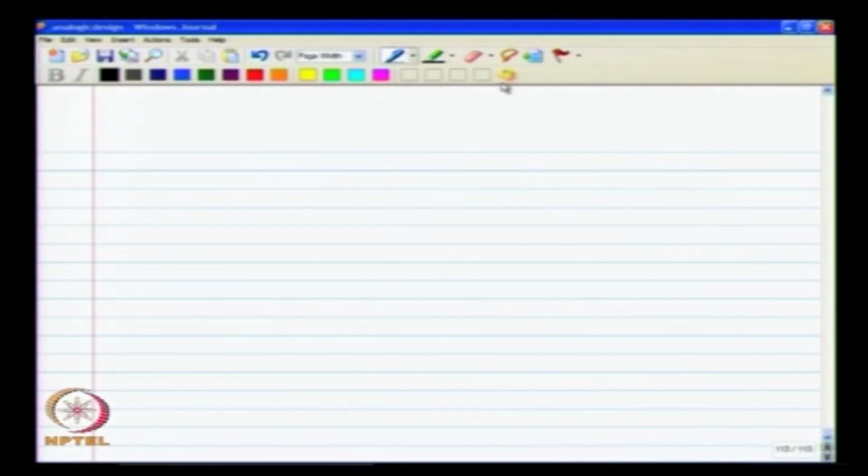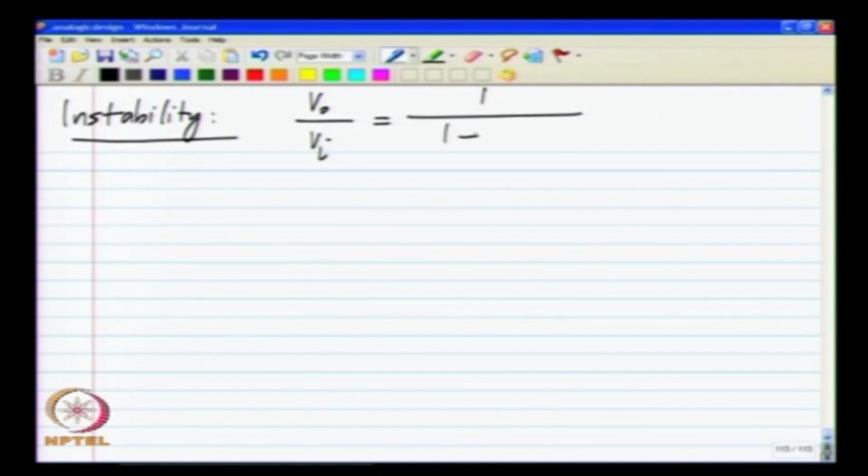Now, what is the actual definition of stability or instability rather? Instability means the transfer function V naught by V I, which is G by 1 plus GH, has some poles in the right half plane. Okay.